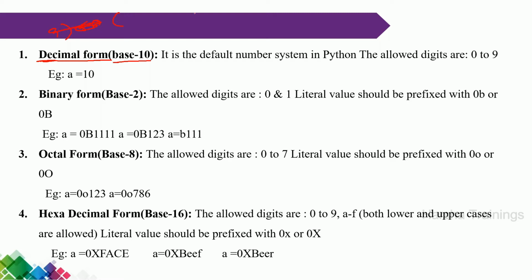First, a very simple number: the number is 10. Dividing by 10 gives remainder 0. Suppose the number is 11; the remainder is 1. For 12, the remainder is 2. For 13, remainder 3, and so on. For 20, the remainder is 0. Observe, you take any number and divide it by 10.